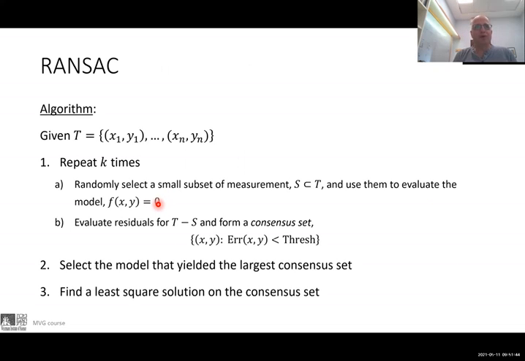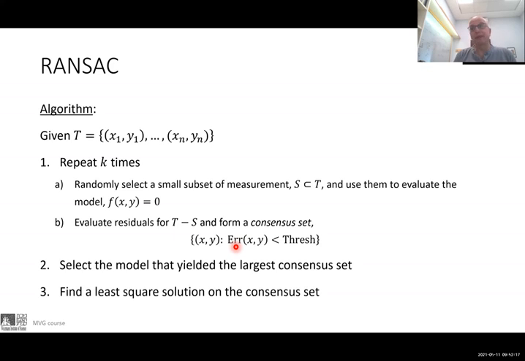Then we take all the rest of the points and see how many of them form what we call a consensus set. We decide on a threshold, and for all the points in T minus S, we test the error of the model. If the error is less than the threshold, then we put this pair into the consensus set.